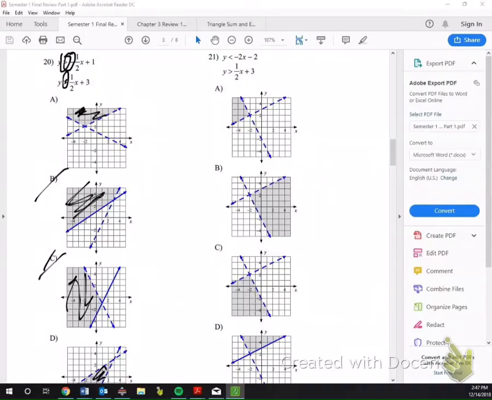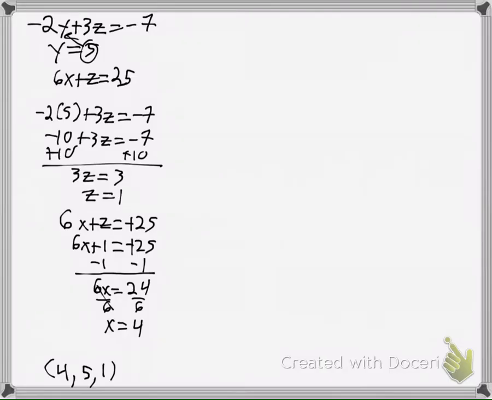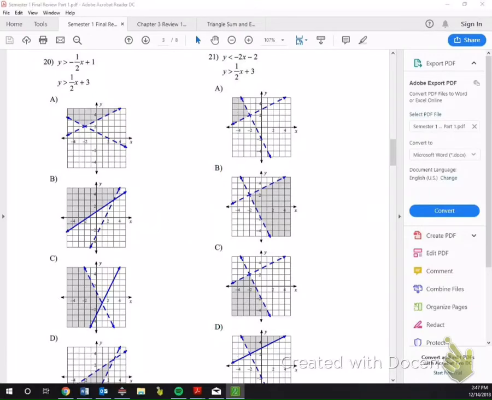Okay, so for each of these next ones, what we want to do is basically sketch the graph. So I know y is greater than negative 1/2 x plus 1.